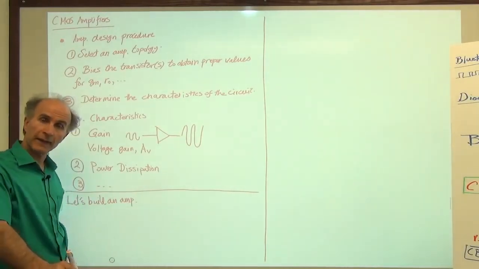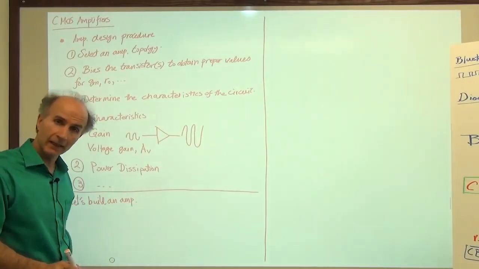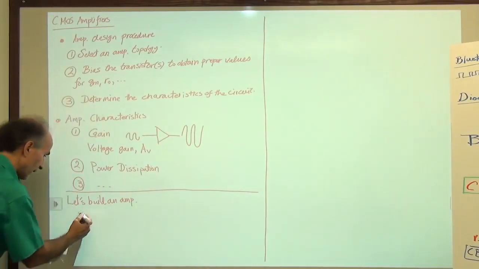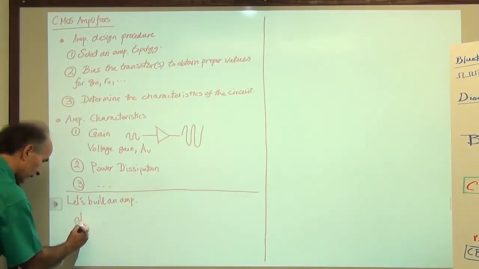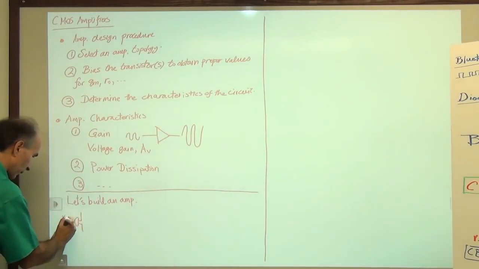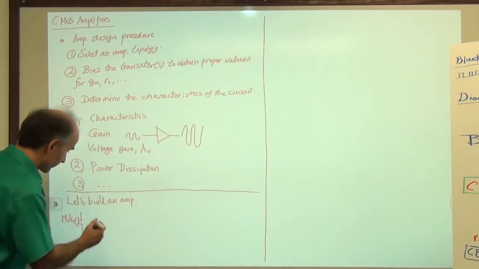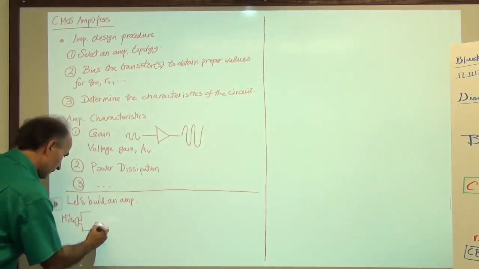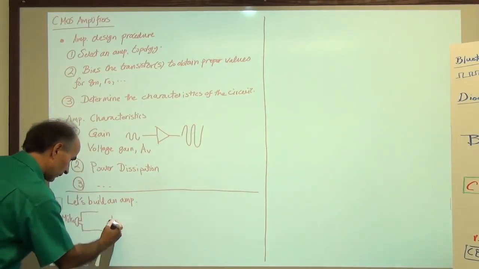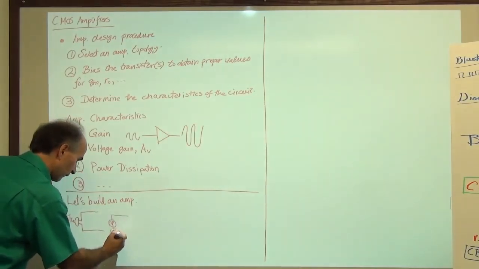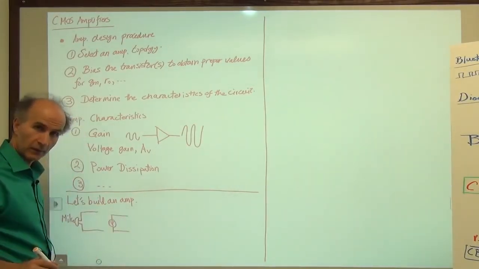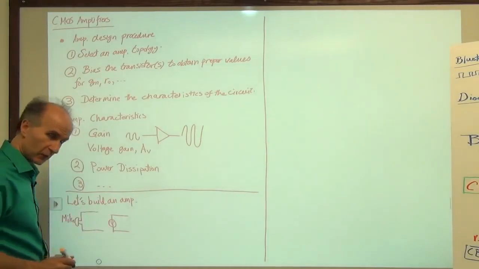All right, so we started out a long time ago by saying that if we have, let's say, a microphone signal, and we want to amplify it. A microphone generates a voltage, a time varying voltage. So what we can do is we take this voltage and give it to a voltage dependent current source. So we have voltage to current conversion, right?